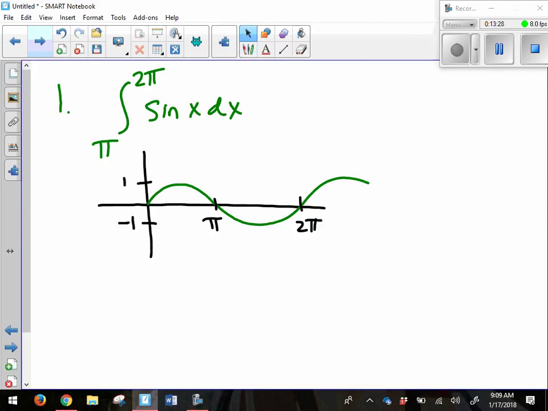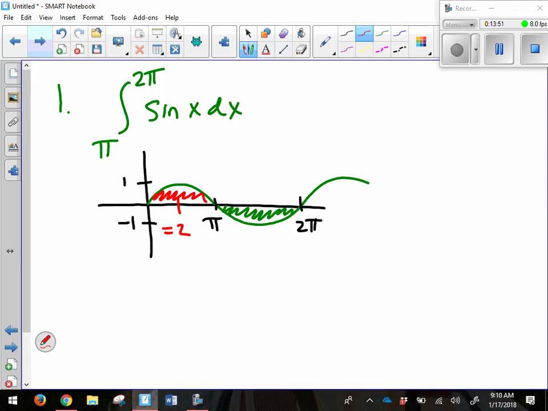So what area am I interested in finding this time? Yeah, over here. Hang on, it should be negative 2. It's the same shape as we had up here, and we know that area is equal to 2.